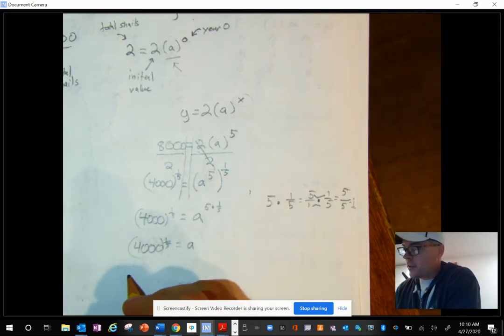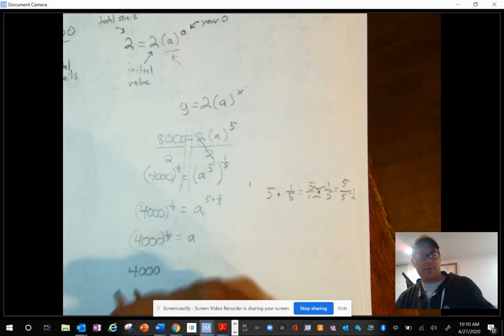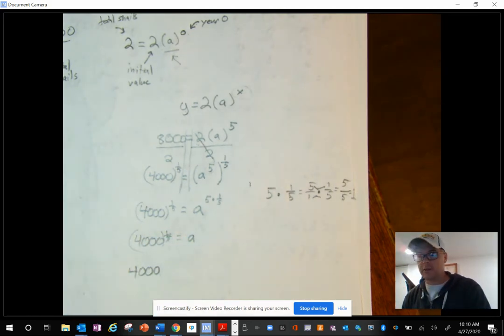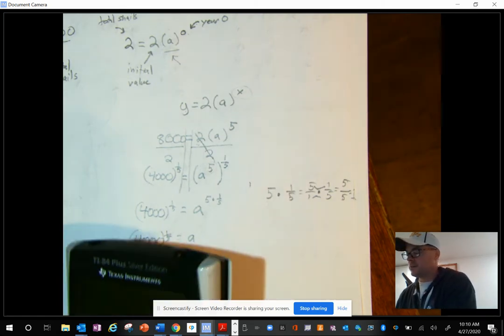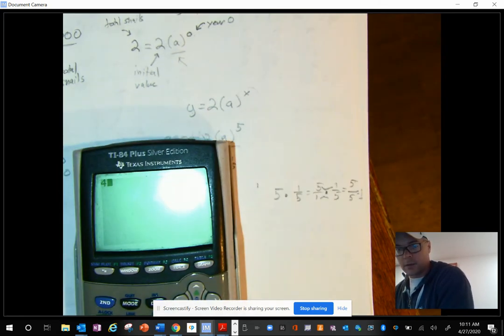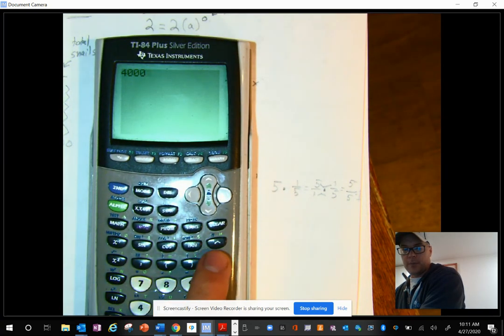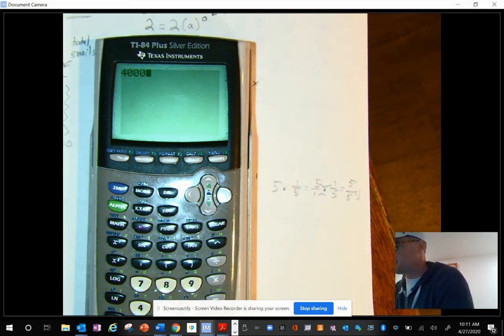All you do is you type in 4,000, and then when you do your exponent, put your exponent in parentheses. So I'm going to show you how to do it on the graphing calculator, and then I'm going to show you how to do it on your calculator on your phone, because it's really simple. So I'm going to take 4,000, and then I'm going to push this caret button. It takes me to my exponents right there, and then I'm going to do open parentheses 1 divided by 5.